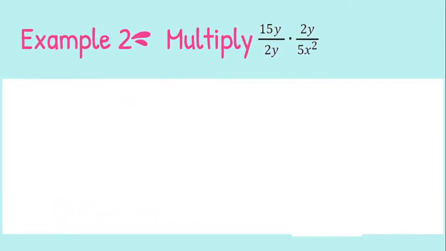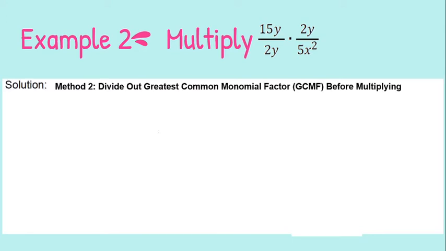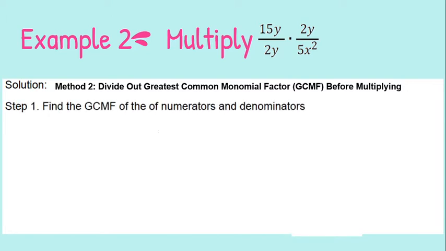Next is example 2. Multiply 15y over 2y times 2y over 5x squared. This time, we're going to use method 2, which is to divide out the greatest common monomial factor, or the GCMF, before multiplying. The first method was after multiplying; this time, we divide out the GCMF before multiplying. First, find the GCMF of numerators and denominators.